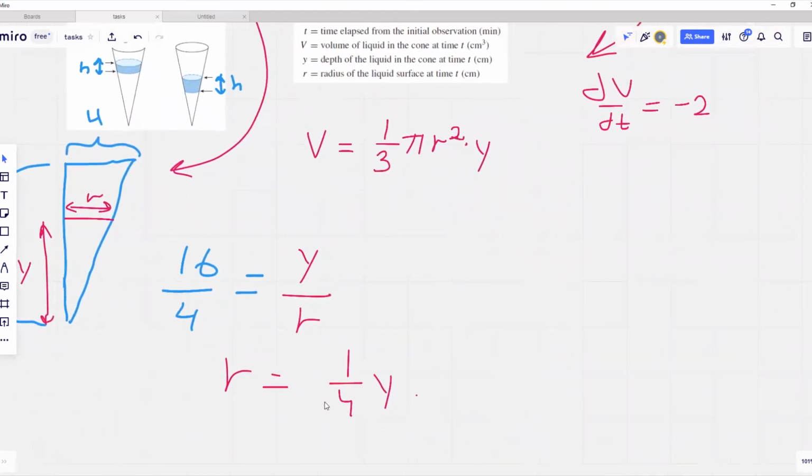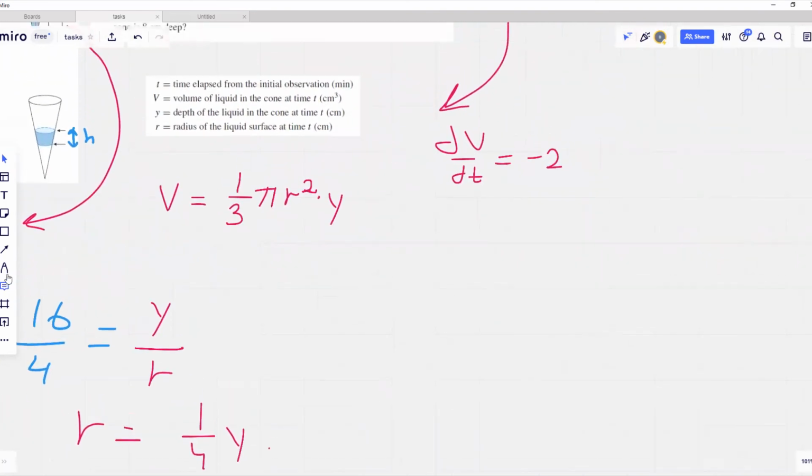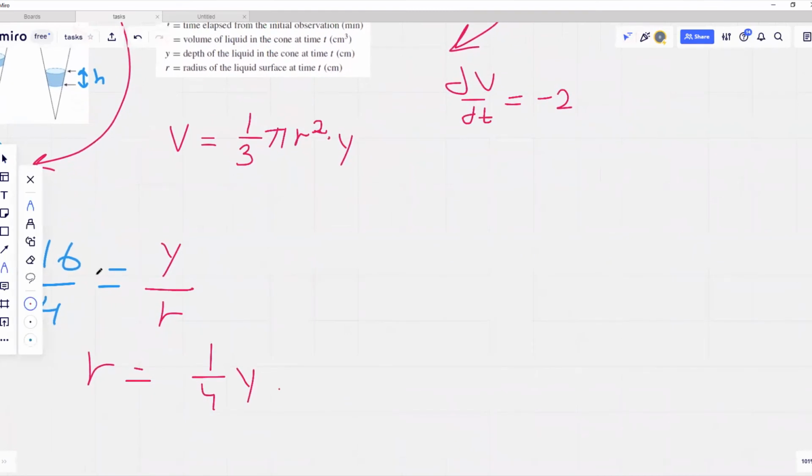Now, if we substitute 1/4 y instead of r here, we'll end up with the following equation. So V is equal to pi y cubed over 48.